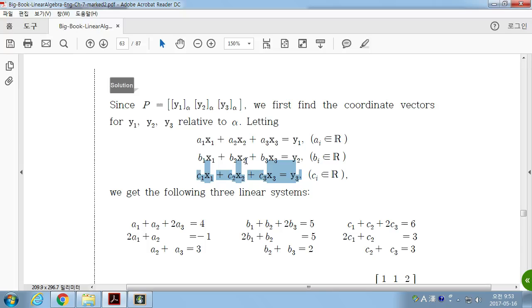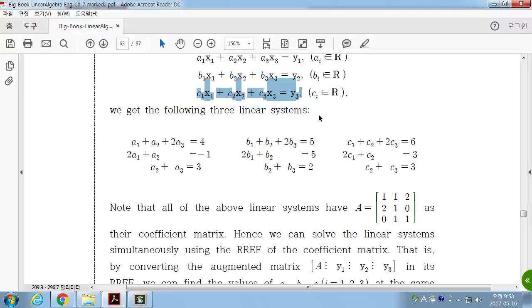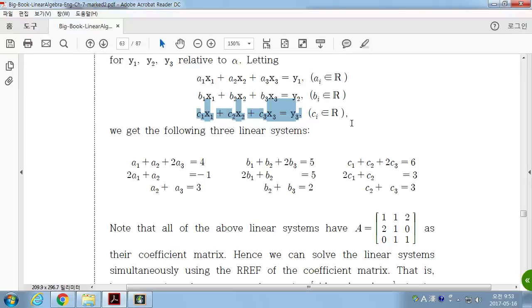You have to solve this linear system of equations to find the first column, second column, and third column, isn't it? So A1, A2, A3 gives you the first column, B1, B2, B3 gives the second column, C1, C2, C3 gives you the third column. That's it. All you have to do is solve three linear systems of equations.